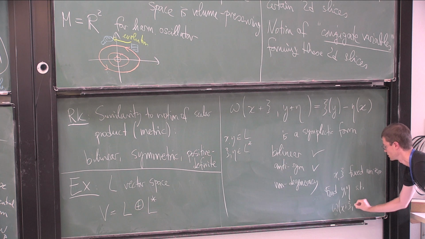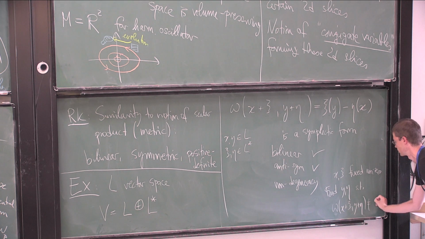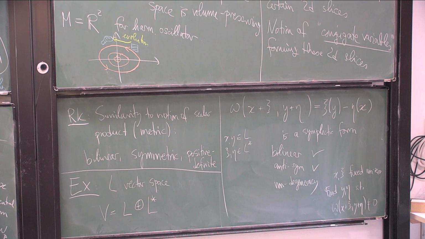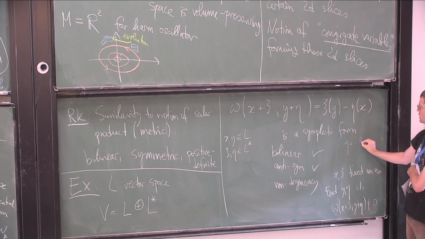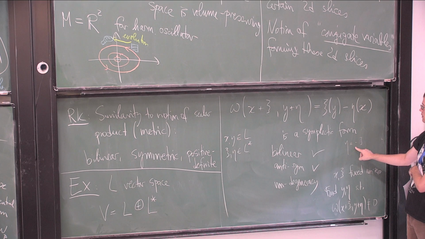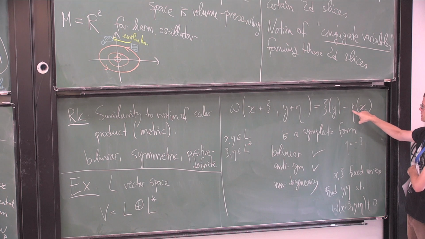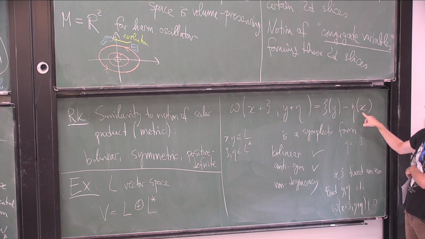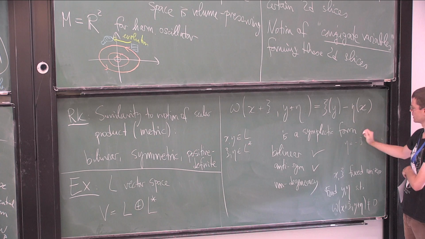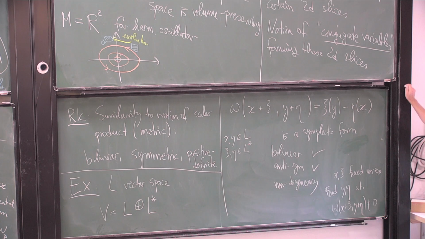Let's say eta equals minus the dual variable to x, and y equals the dual variable to psi. Well, then you have 1 minus 1, you get 0.